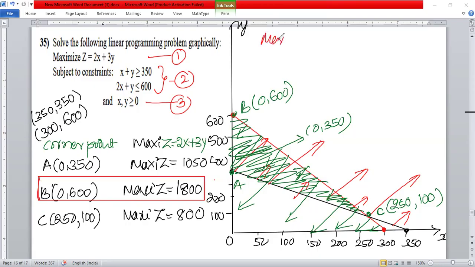So maximize Z is equal to 1800 when X is equal to 0 and Y is equal to 600.